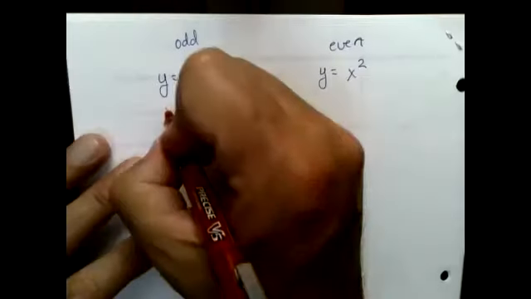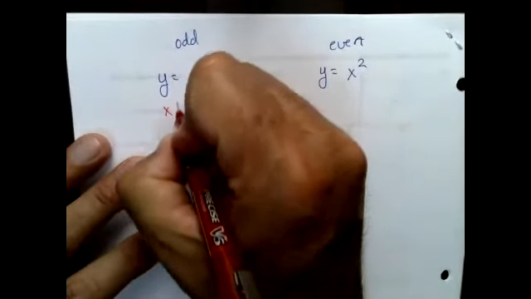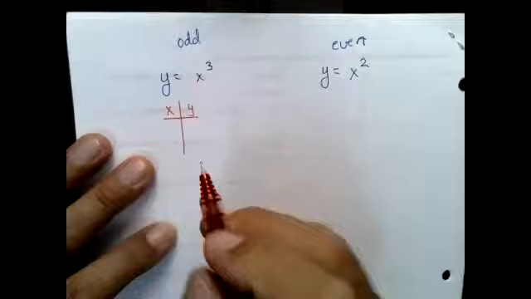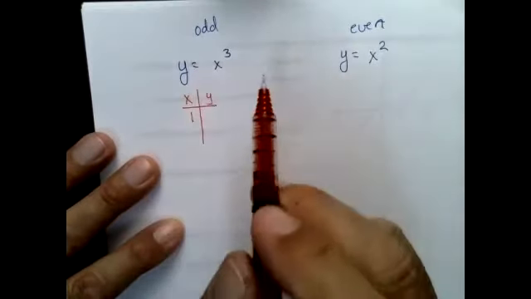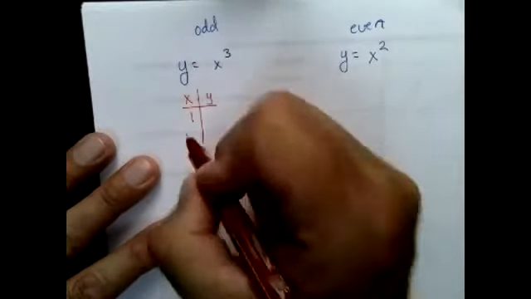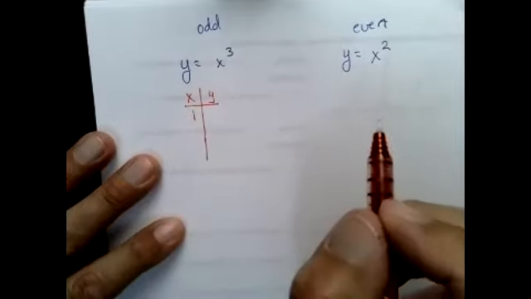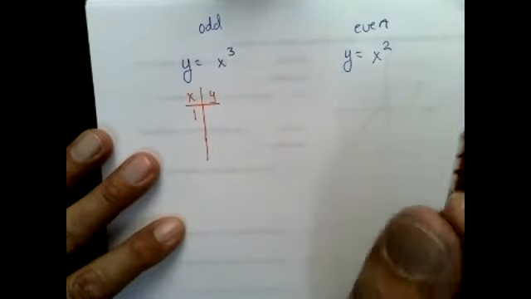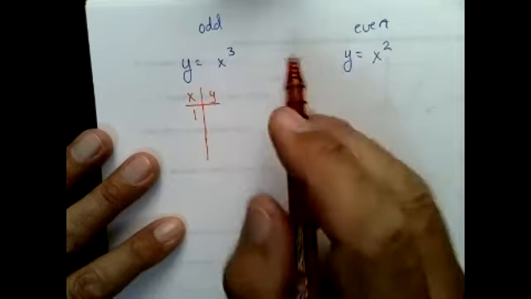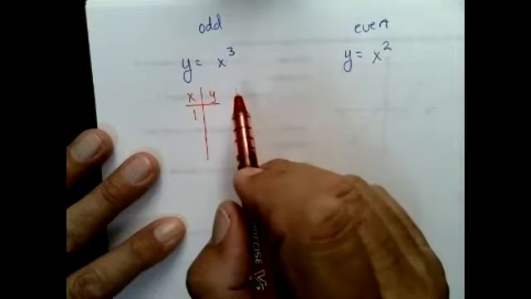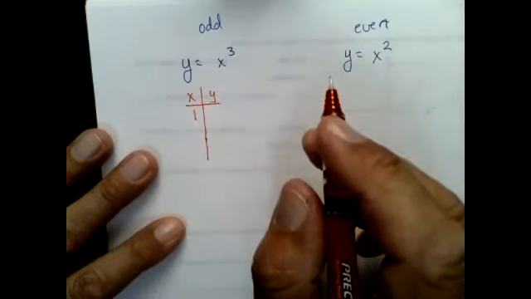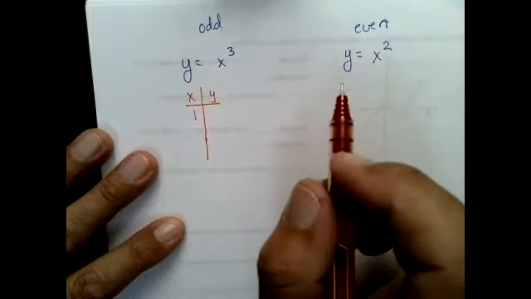Now, here's what happens with an odd function. And this is what we were kind of talking about, and I'm going to make it a little clearer. If I say 1 for x, you say, what's 1 cubed? 1.